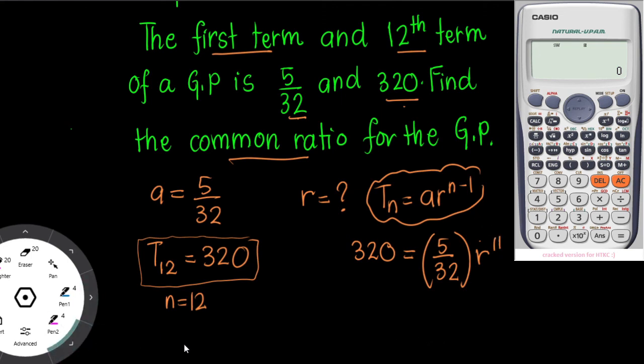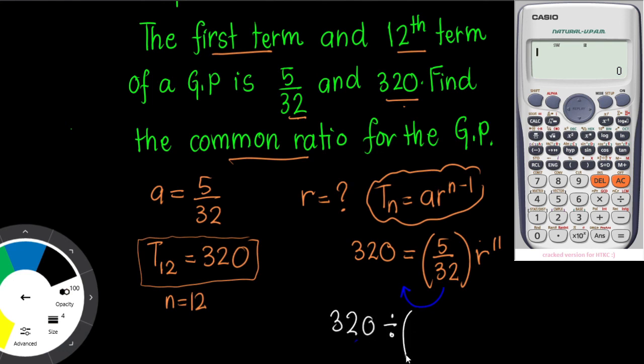Now the next step is we are going to shift. I'm going to move the 5 over 32, the whole thing. So it's going to be 320 divided by 5 over 32. Now, some of you might prefer to bring the 32 there first, times, and then divide. Can, no problem. It's not wrong.